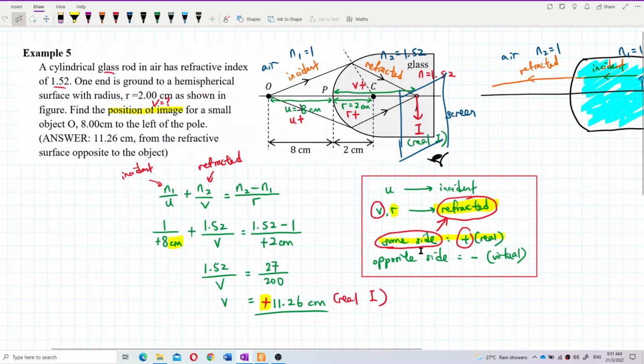Positive is where the light is. Understand? So there is light falling onto the screen, forming a real image.